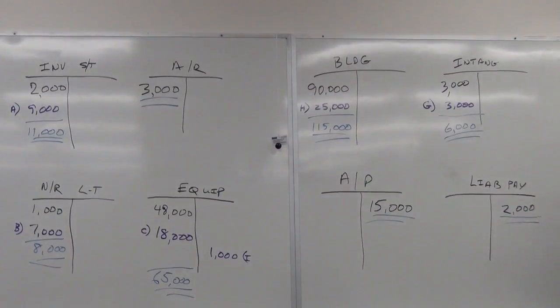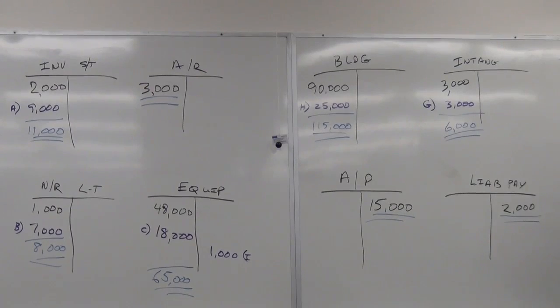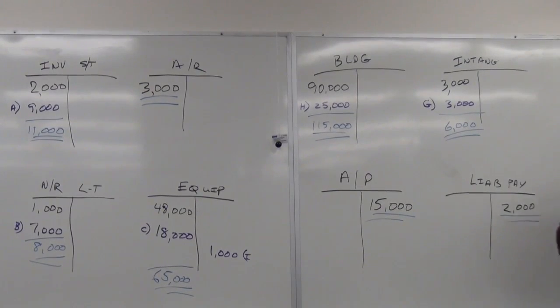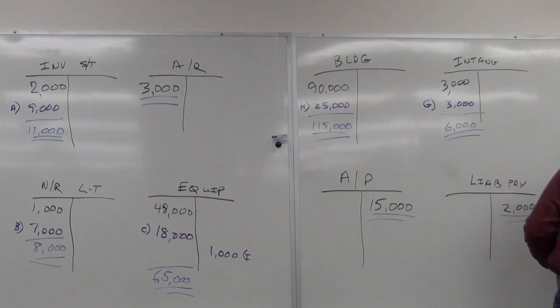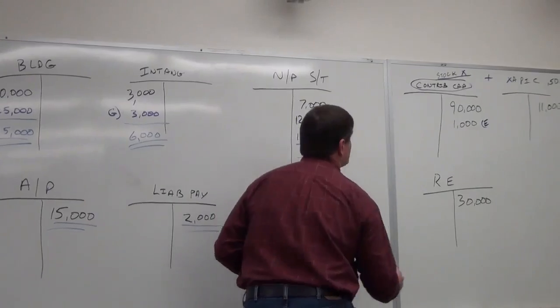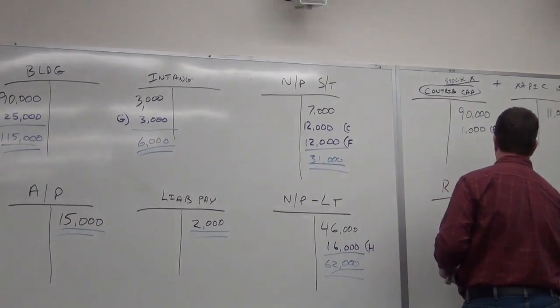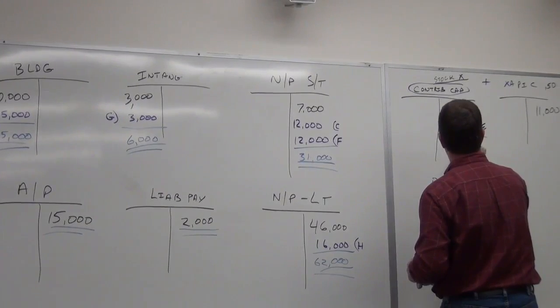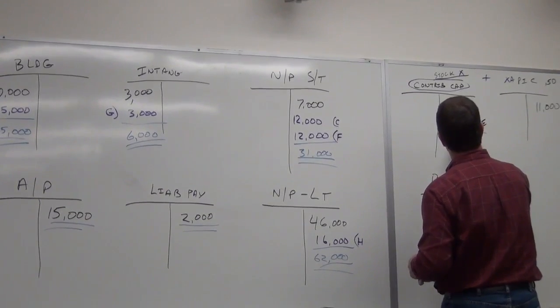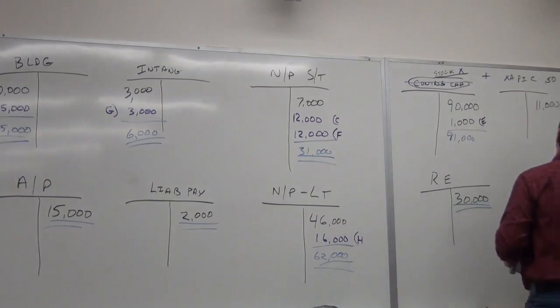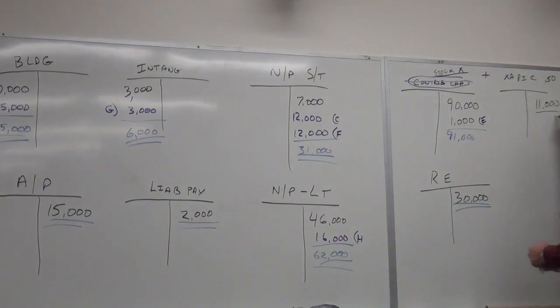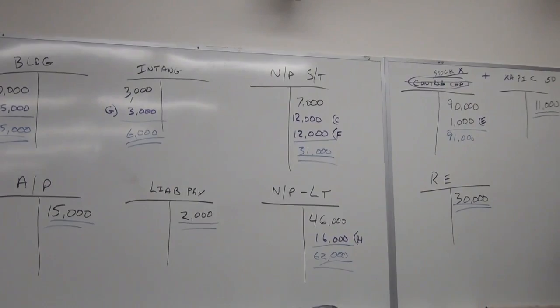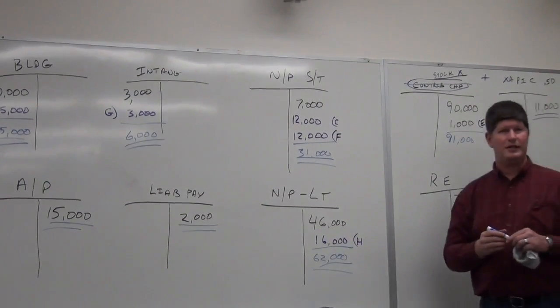Note payable short term 2431. Note payable long term 62. Retained earnings stays at 30. Contributed capital is 91. Sorry. Stock is 91. Additional paid in capital is 11. And we're golden. Yes?